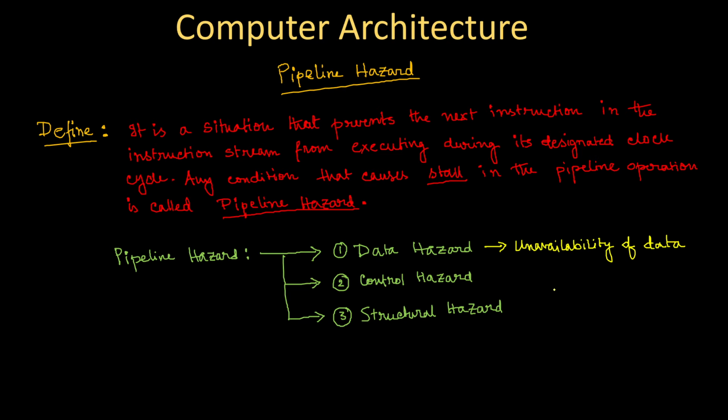What does unavailability of data mean? We will realize it very soon. Here, the control hazard is the unavailability of instruction.